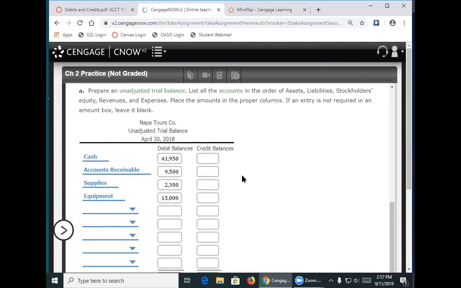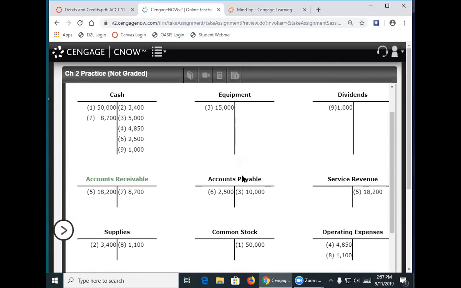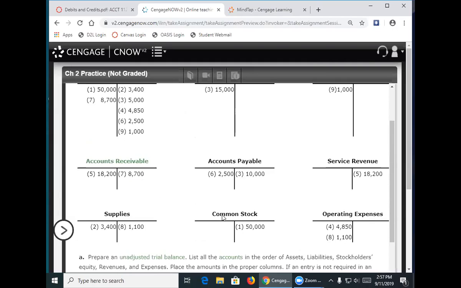Let's see, next. Is that negative? And accounts payable, it's not actually a negative amount. No, because it's the other way around. Accounts payable is a liability. So accounts payable, since it's a liability, when it's increasing, our normal balance would be the credit side. So what is the accounts payable balance? 7,500, and it's in credit balance.